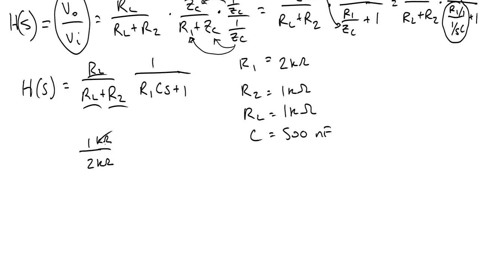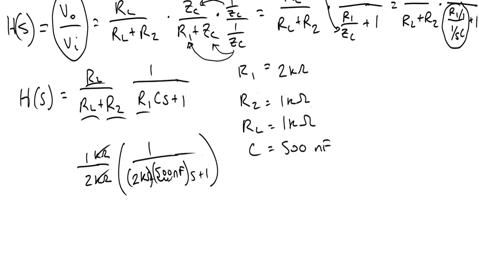These will cancel, so we end up with just 1/2 times 1 over R1, which is 2K, and then C is 500 nano, times S plus 1.